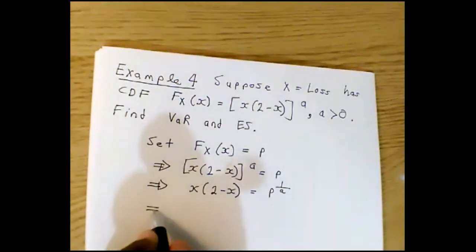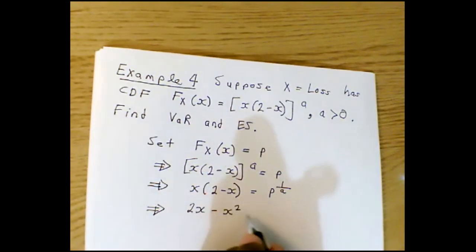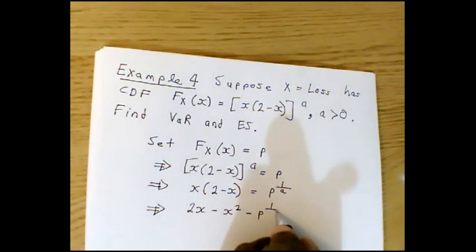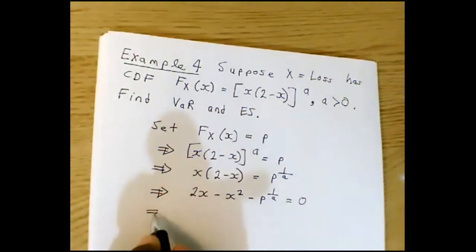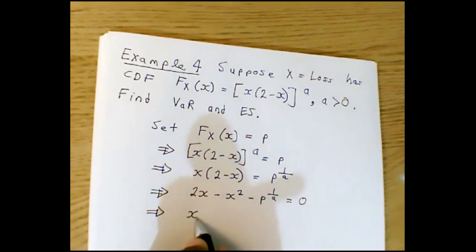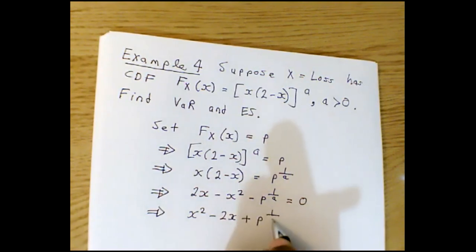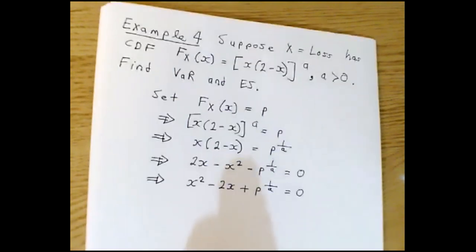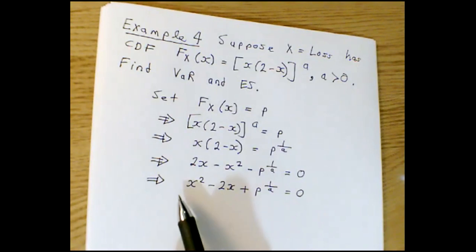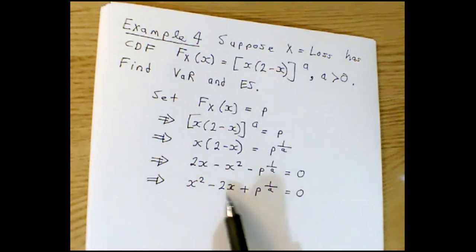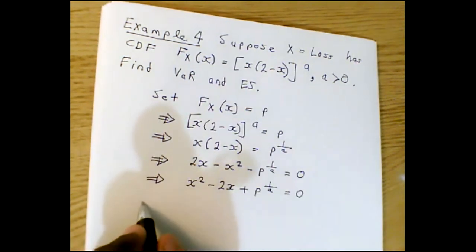So this implies that 2x minus x squared minus p is equal to 0. Now let me multiply by a minus sign to have it nice. So you have x squared minus 2x plus this equal to 0. I'm sure you know how to solve this equation. What you have here is a quadratic equation, ax squared plus bx plus c equal to 0. So what's the solution?